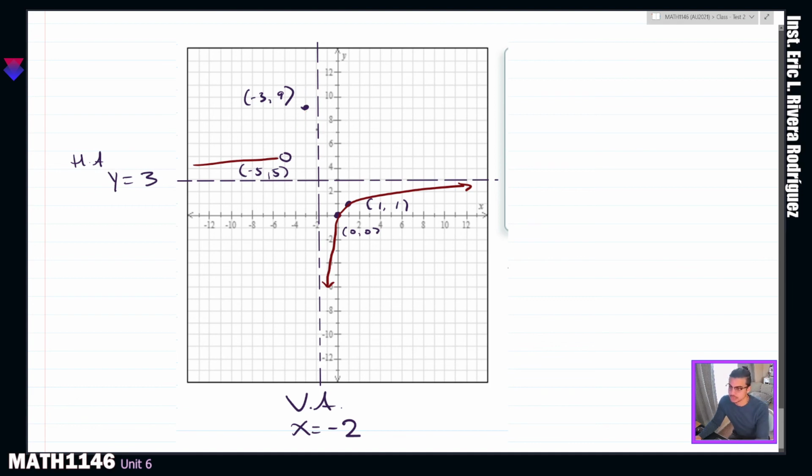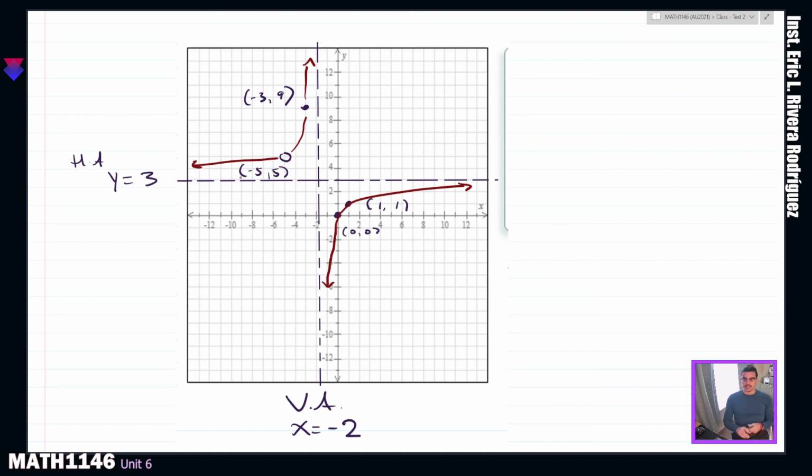Nope, that is very bad. Okay, and that would be the sketch of this graph. Again, it's a representation, it is not perfect, but we want to see at least that you're able to sketch the shape of the graph.